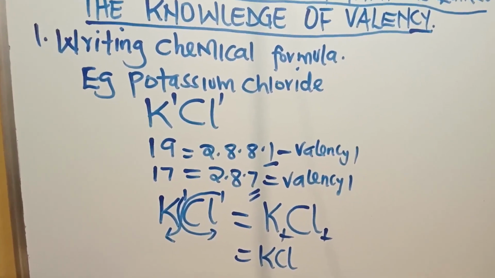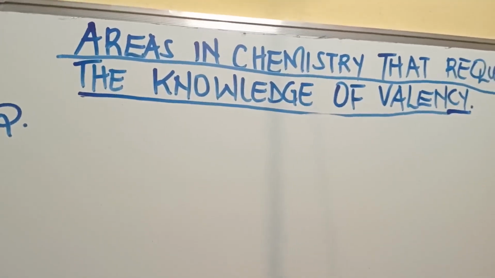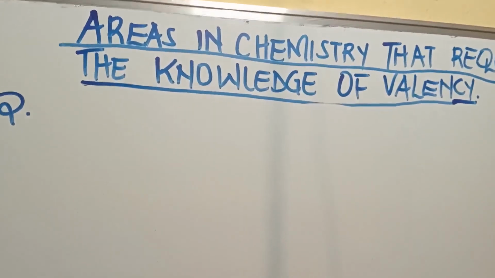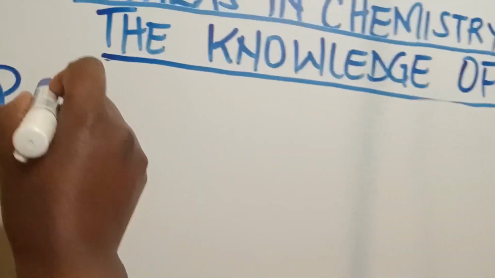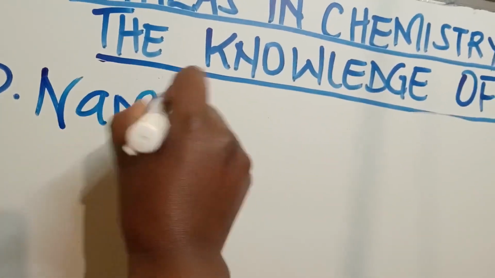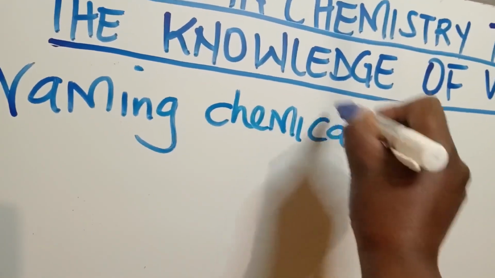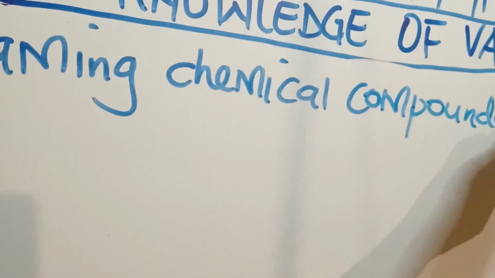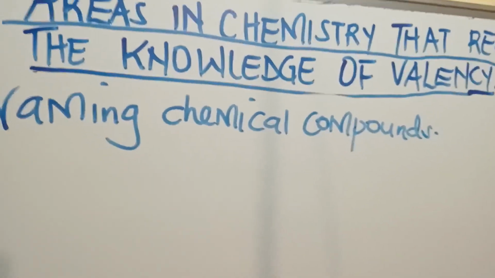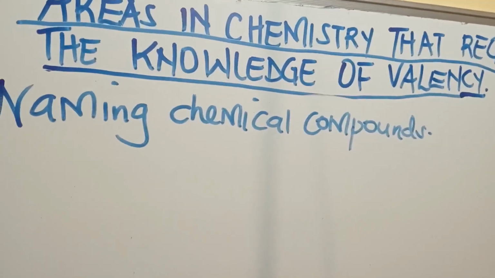The second area where the knowledge of valency is needed is when you are naming chemical compounds, or rather what we call nomenclature, the naming of chemical compounds.